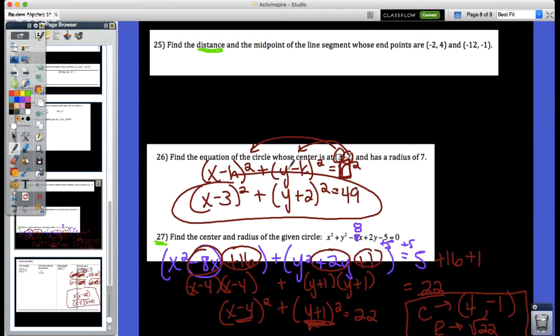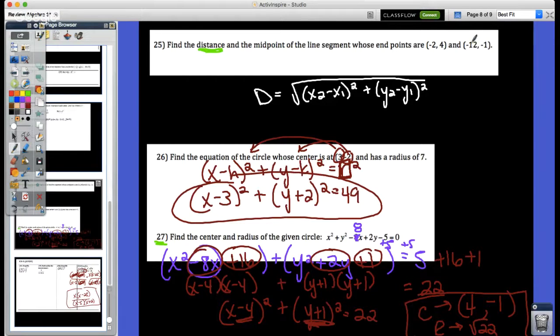Good. The distance formula, just a heads up on the distance formula. Square root of (x2 minus x1) squared plus (y2 minus y1) squared. Remember that the x2 could be either one as long as it's consistent.